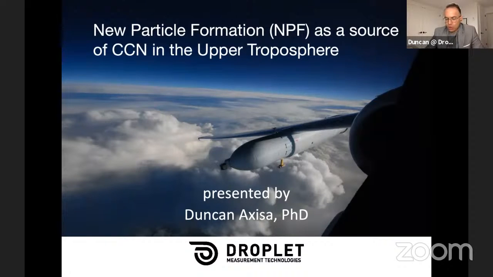What I would like to share with you today is some work that I did a few years ago in studying aerosols in the upper troposphere and the lower stratosphere. What you see here in this first image is a picture taken from a high altitude research aircraft that is flying in the lower stratosphere. And you see almost the curvature of the Earth.